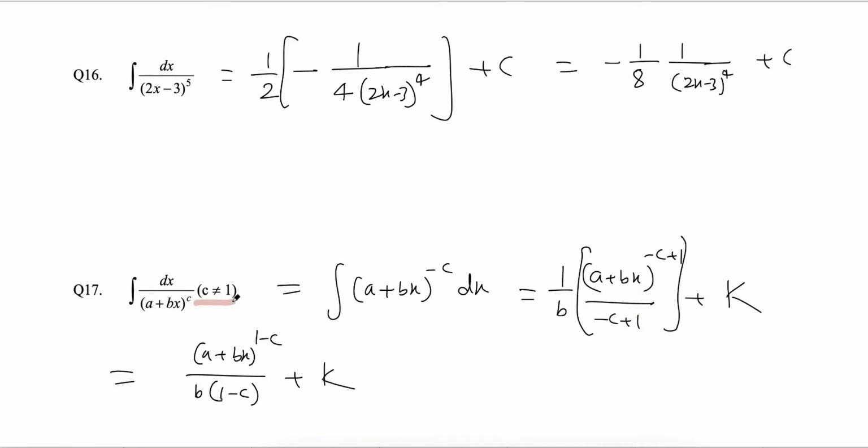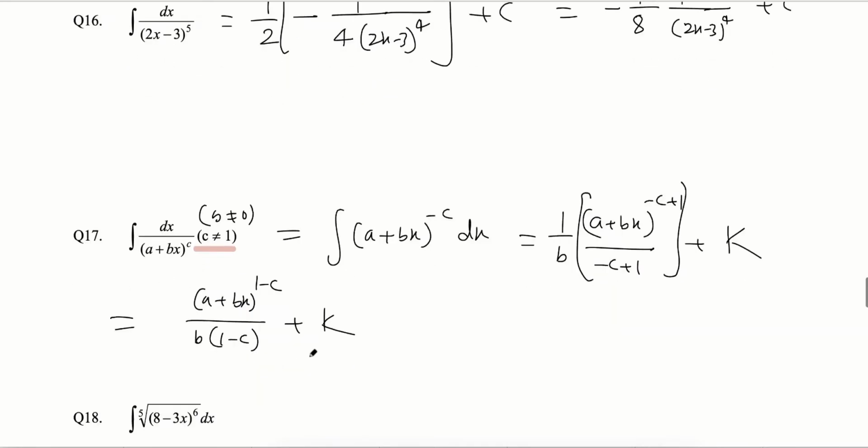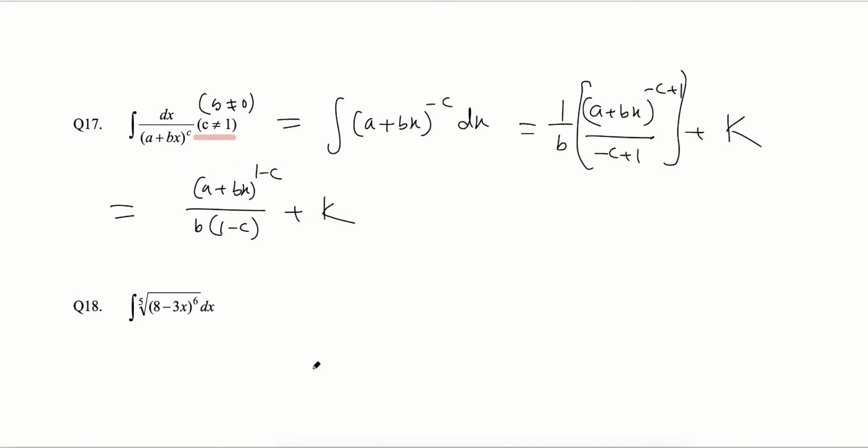Because here the final answer in the denominator is 1 minus c, and that should not be 0. Right? Basically, they should mention one more condition: b also should not be equal to 0. That condition they must mention.